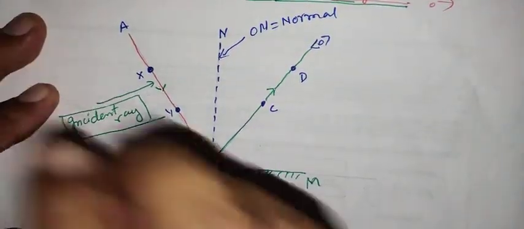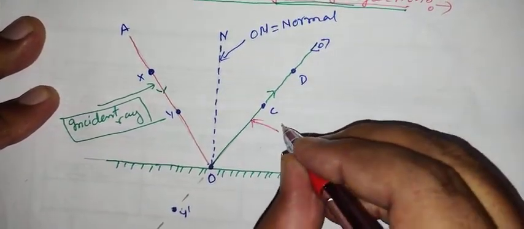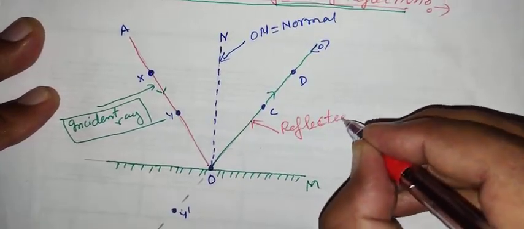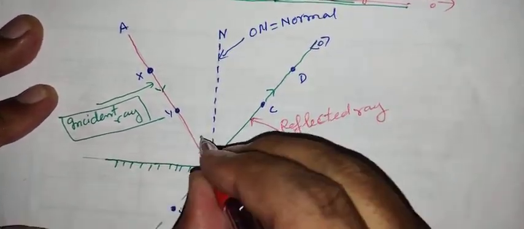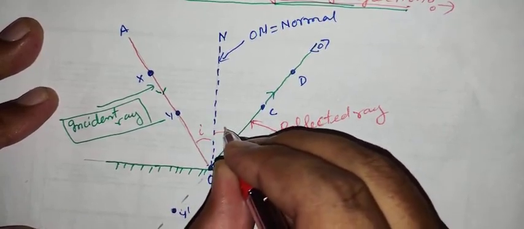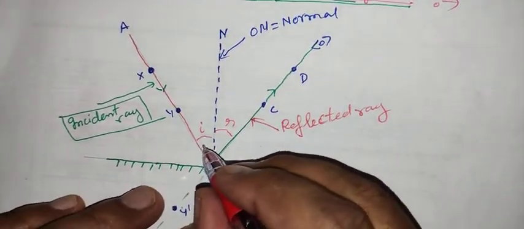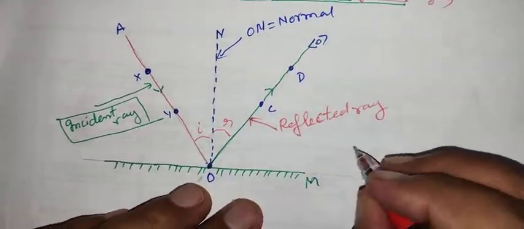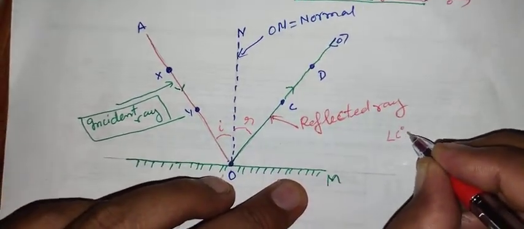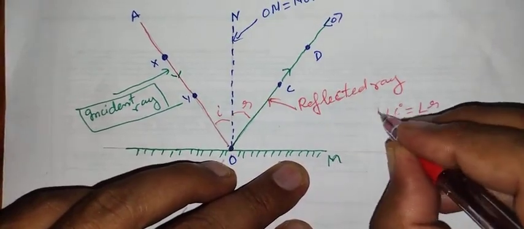On this side it is the angle of incidence I, and this is the reflected angle R. Measure with the protractor and you will obtain that the angle of incidence is equal to the angle of reflection.